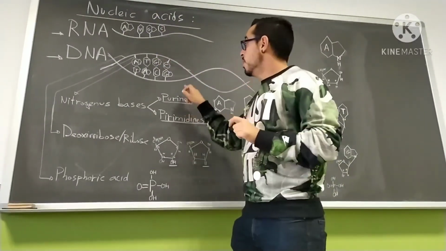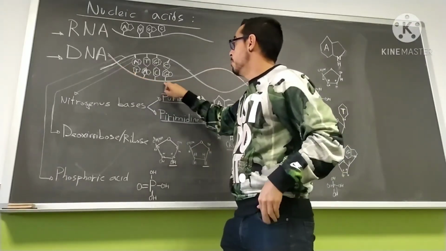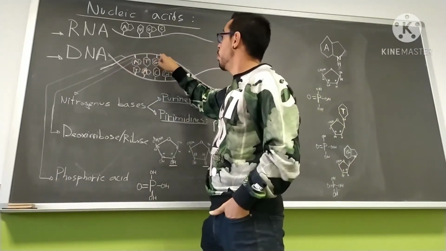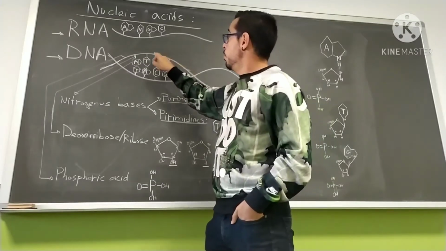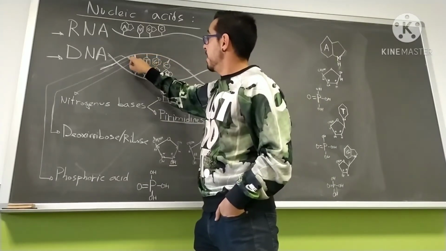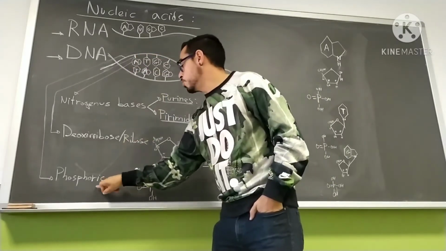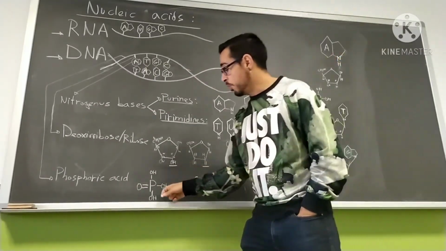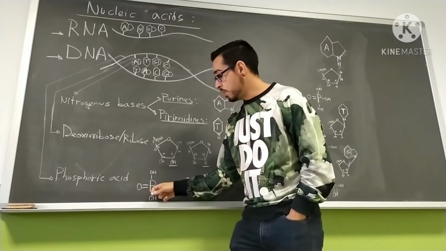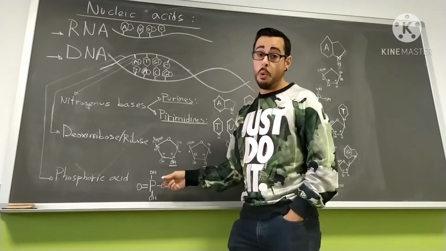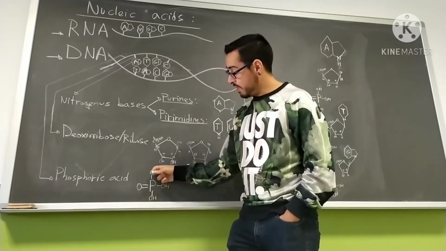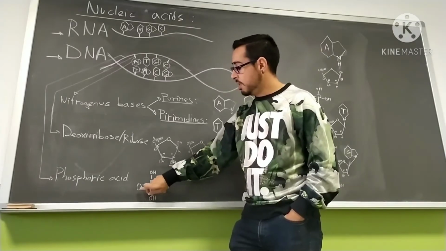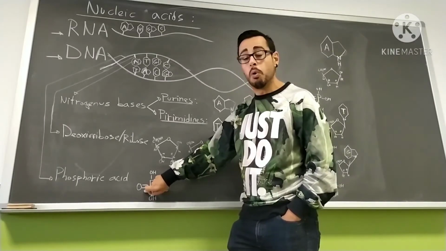And then we have the chain, the backbone. This backbone is made of phosphoric acids. The phosphoric acid has this molecular structure: a phosphorus with 3 OH groups and an oxygen linked by a double bond.